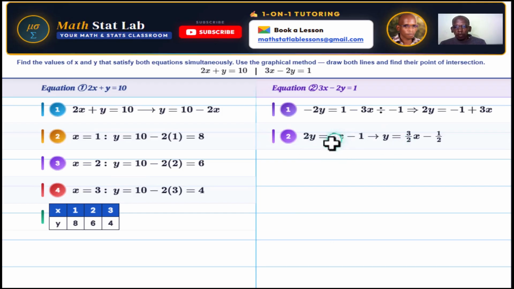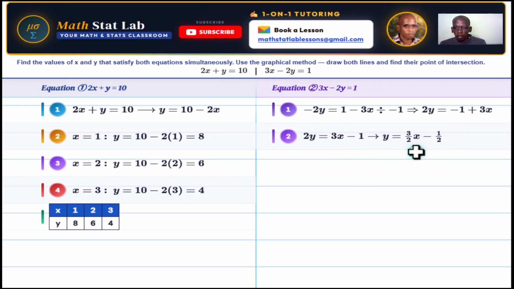Then it is equal to 3x divided by 2. I just interchanged this negative 1 so 3x started the equation. So now it will be y is equal to 3 divided by 2, times x, minus 1 divided by 2, because we have to divide everything by 2. So now we have our y.